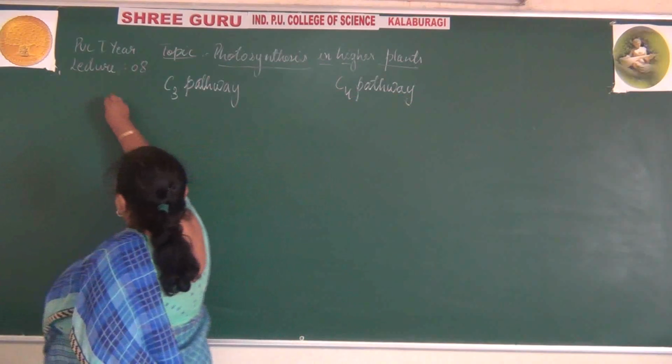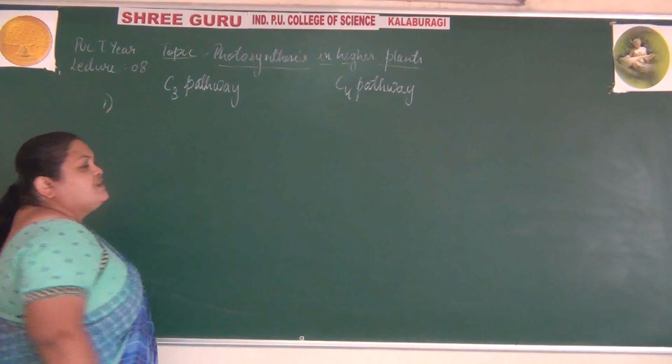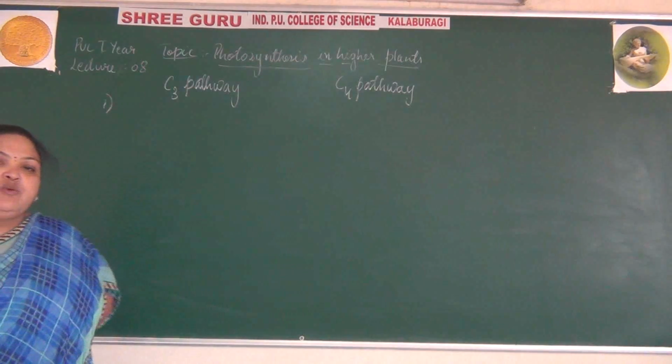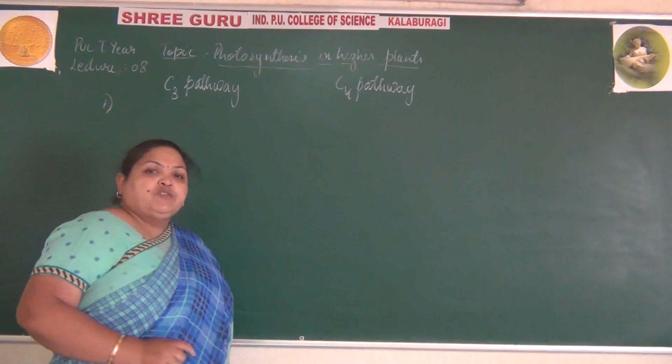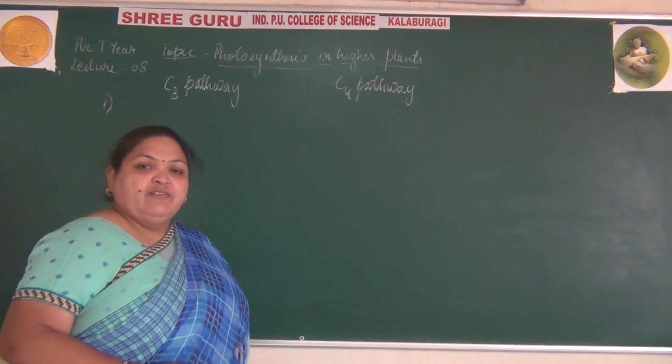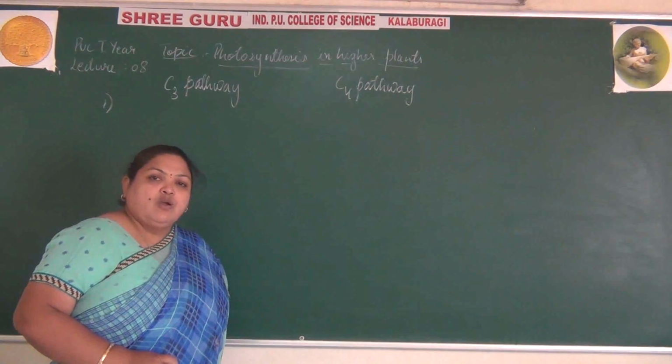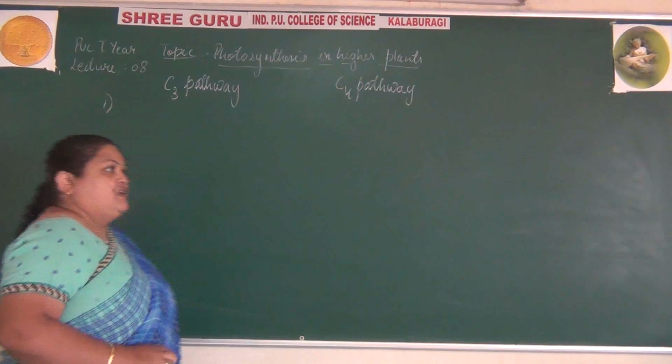Based on the study, the scientists who discovered it, we can take this point as a difference. It was studied by Melvin Calvin, so this cycle is also called the Calvin cycle.